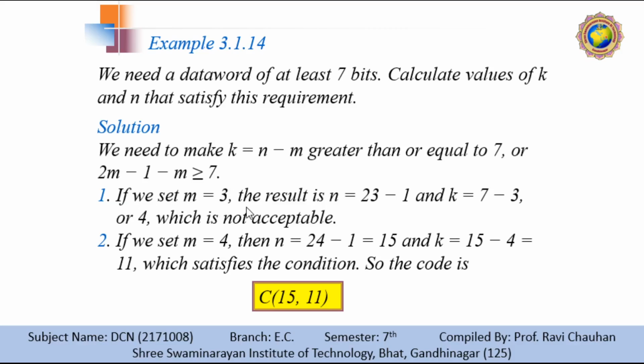If we set m equal to 3, the result is n equal to 2^3 minus 1, which is 7, and k is equal to 7 minus 3, or 4, which is not acceptable. If we set m equal to 4, then n is equal to 2^4 minus 1, which is 15, and k is equal to 15 minus 4, which is 11, which satisfies the condition. So the code will be C(15,11).